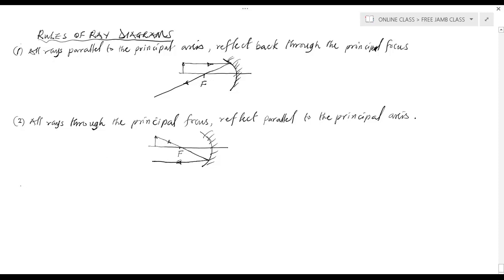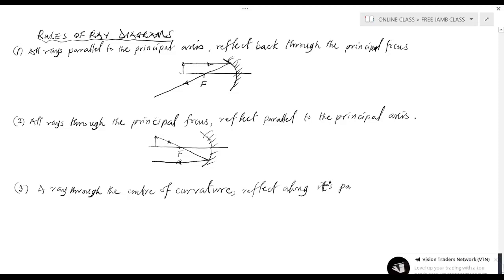Then the third one is, a ray through the center of curvature reflects along its path.